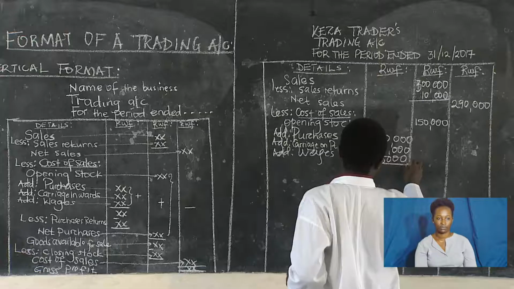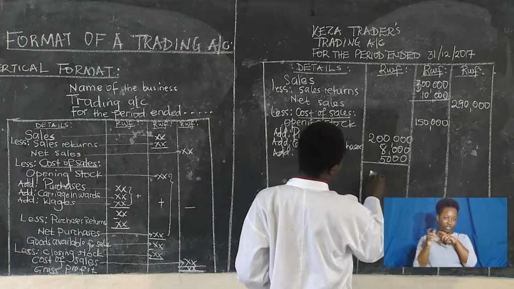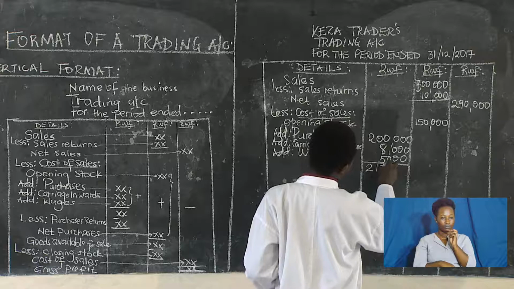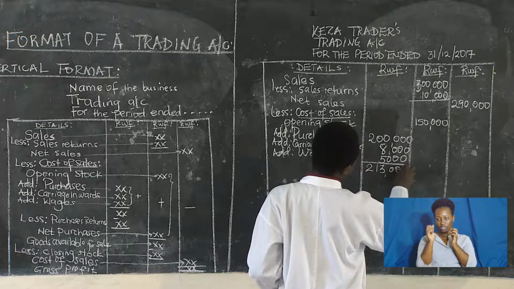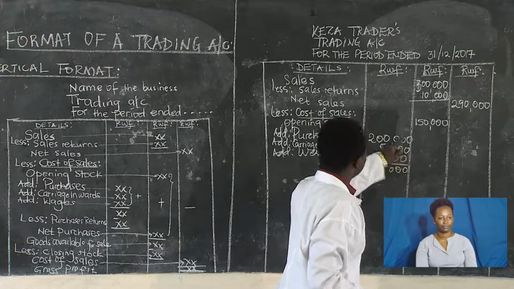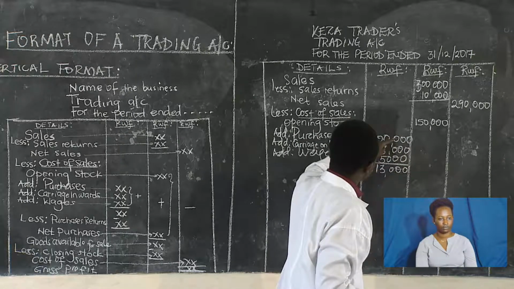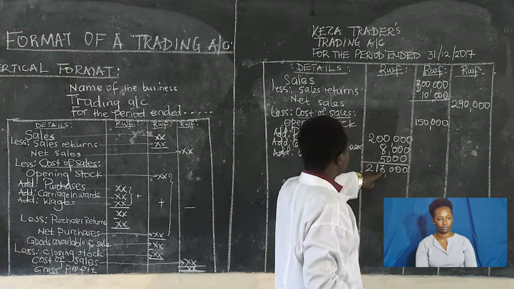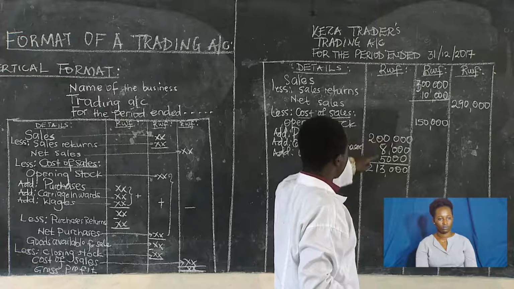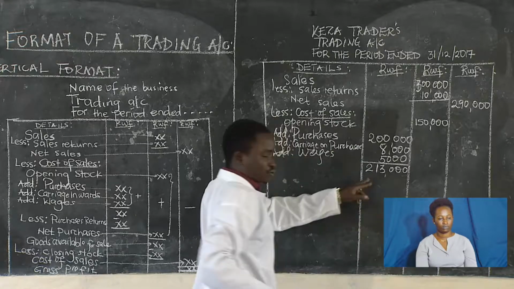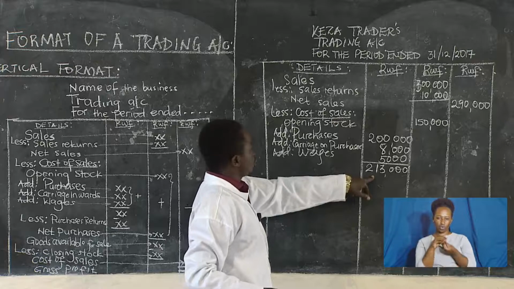So when you add this, you will get 213,000. So this is the total amount of money that was spent on purchases.